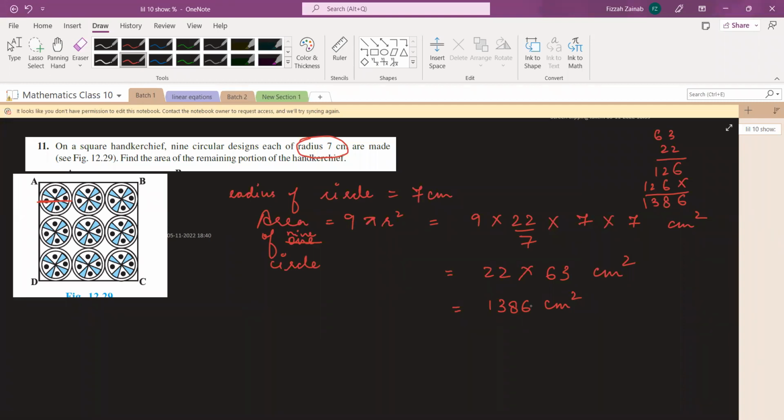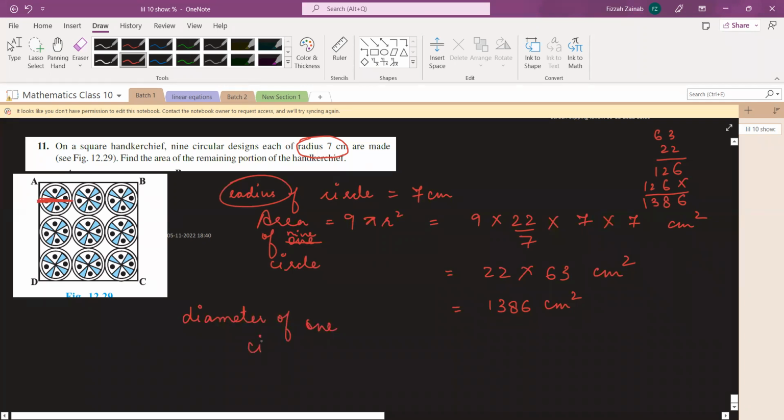Okay. Now I need the side of the square, right? So I need the diameter of one circle, and then I'll multiply that by 3 because every circle is touching each other, right? So if I take 3 times the diameter, I'll get the side. So radius is given, so let us find out the diameter of one circle. Diameter of one circle will be 2 into 7 centimeter, right?